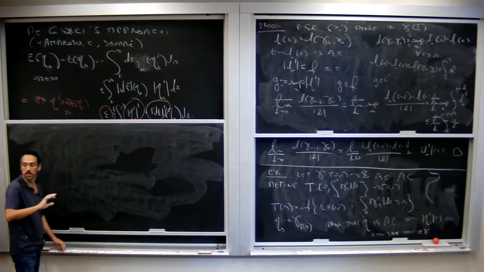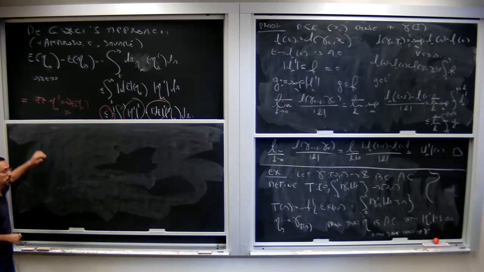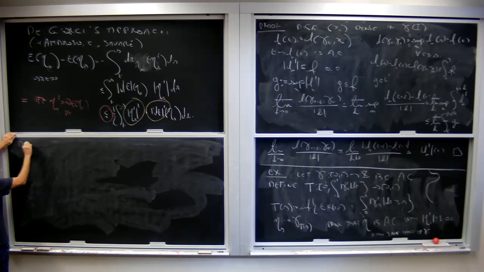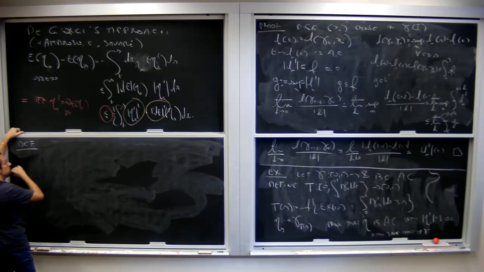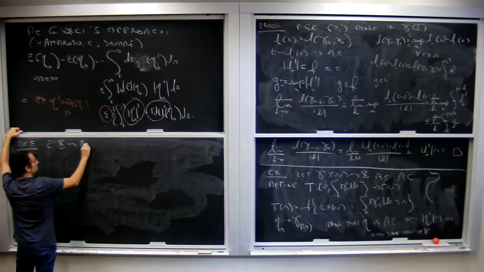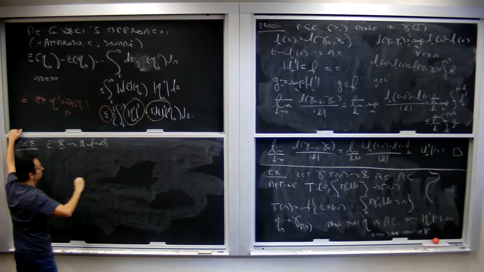So I won't dig at all into the more general theory. We'll just focus on the case of k-convex functionals. I will write the definition, and I'm sure this will look familiar to you. Say that E is a function from X to R union plus infinity, lower semi-continuous.